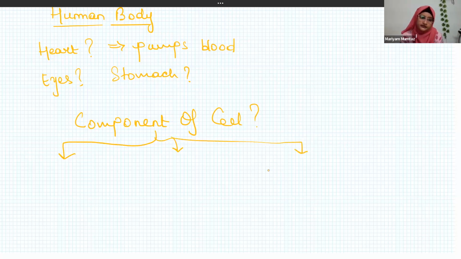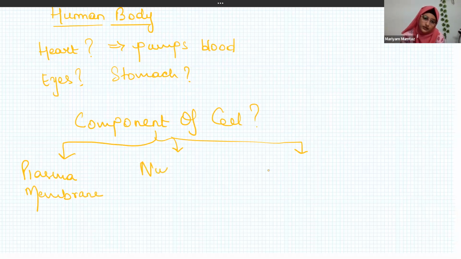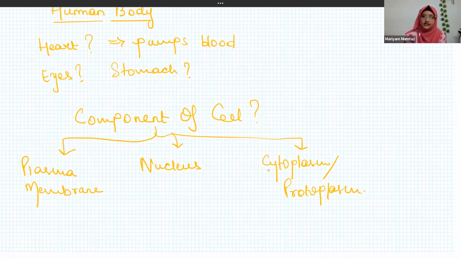The first one is plasma membrane. The second component is nucleus. And the third component is the cytoplasm, or it can also be known as protoplasm. So these are the three components of the cell.